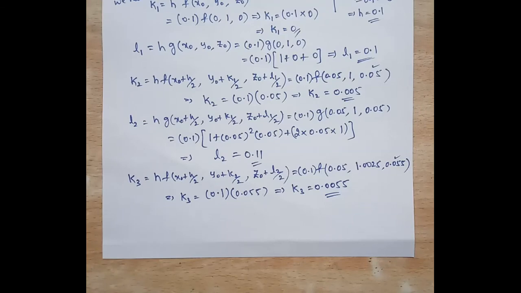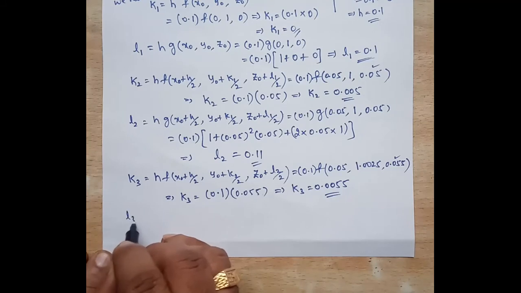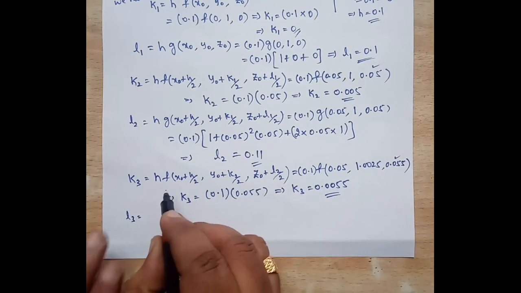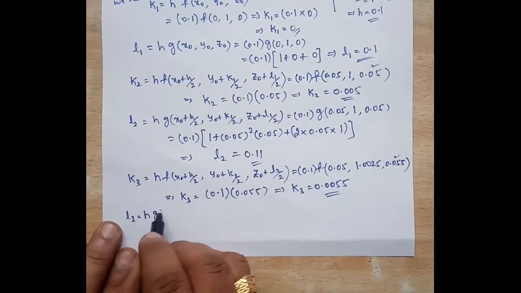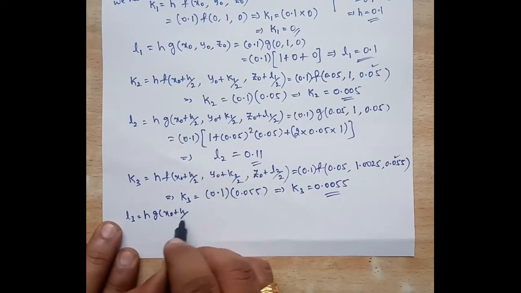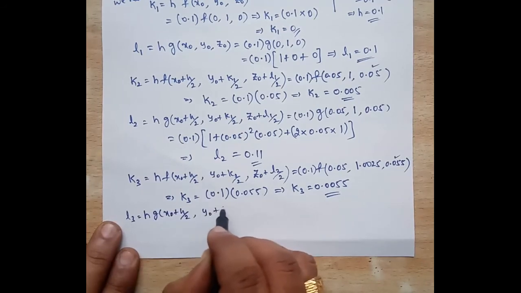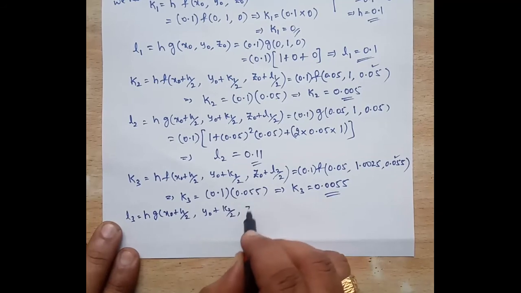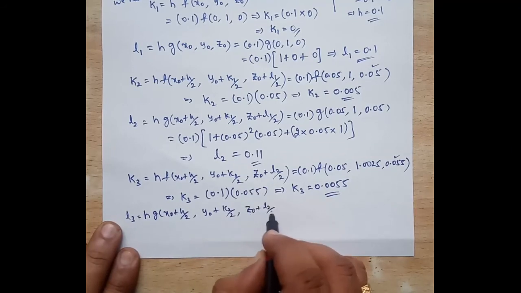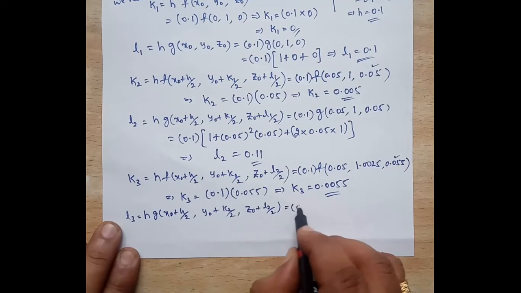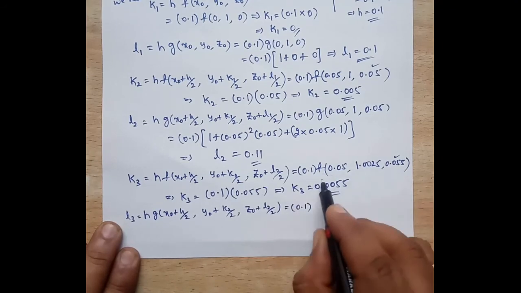Now we find the value of L3. So you know L3 is again the same formula. So just change f to g. It is h into g of x naught plus h by 2, comma y naught plus k2 by 2, comma z naught plus L2 by 2. Now this is equal to 0.1 into the same relation. Change f to g.